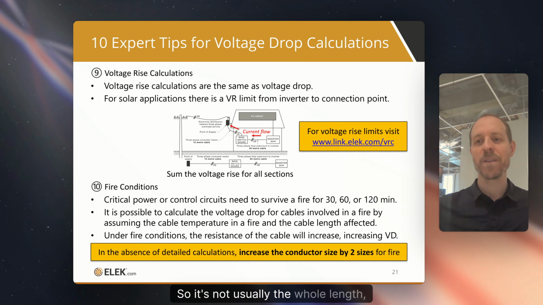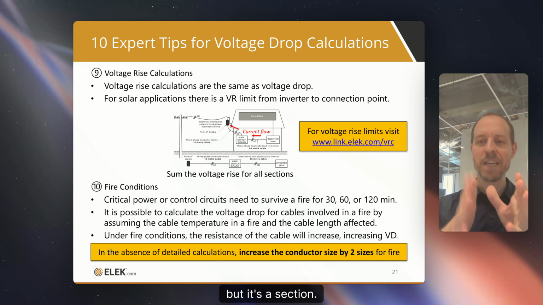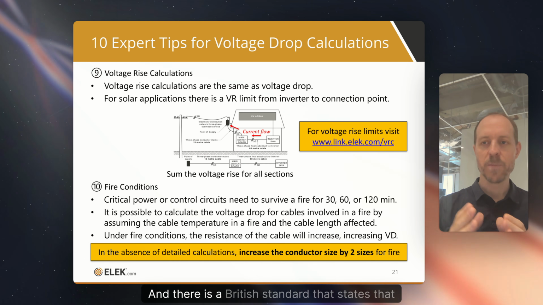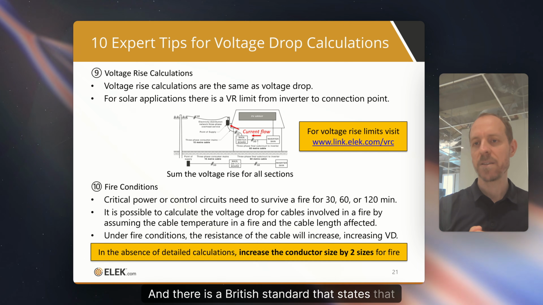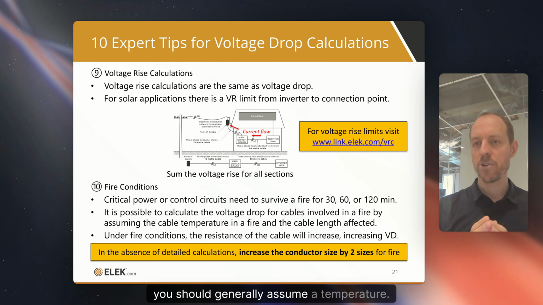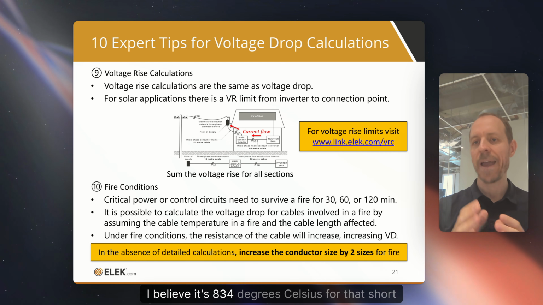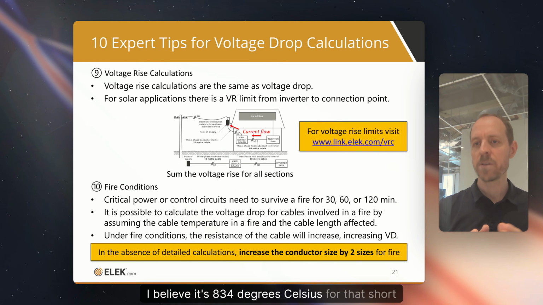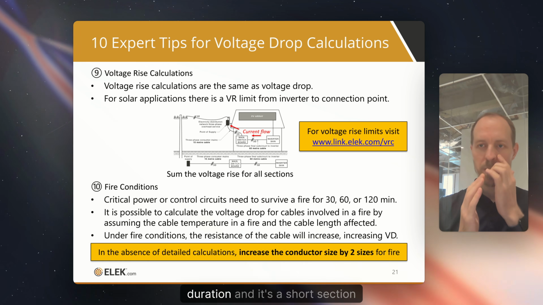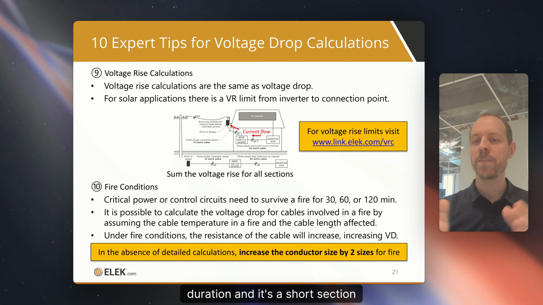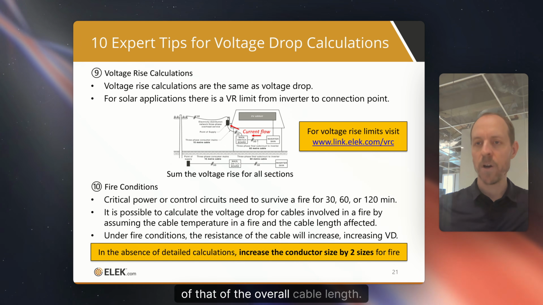So it's not usually the whole length, but a section, and there is a British standard that states that you should generally assume a temperature, I believe it's 834 degrees Celsius, for that short duration, and it's a short section of the overall cable length.